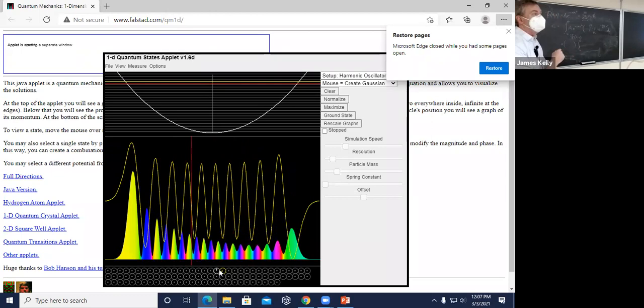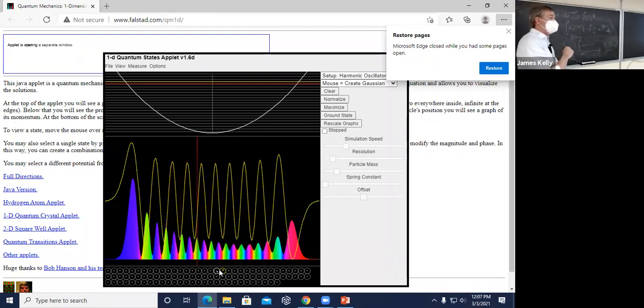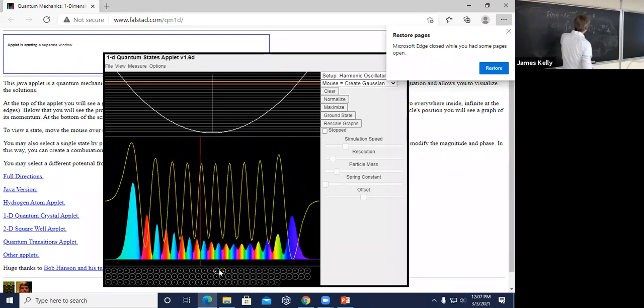And when you have exponentials like that, you just add the exponents, right? So I'm going to get something that looks like e to the minus (alpha plus m omega over 2 h bar) x squared dx.